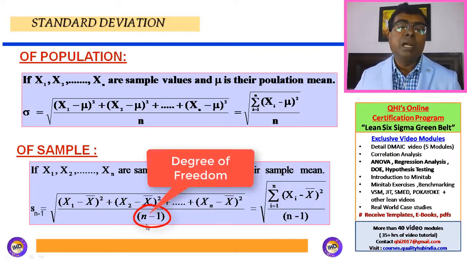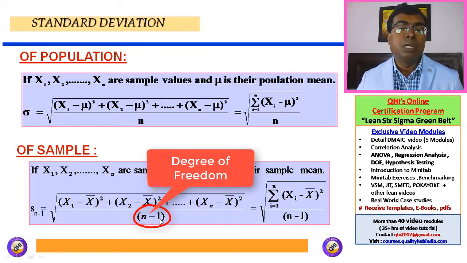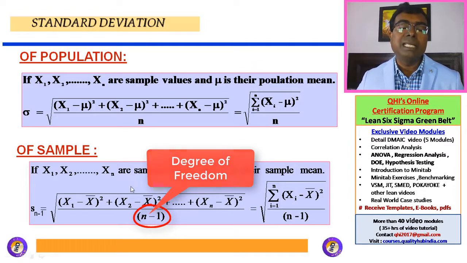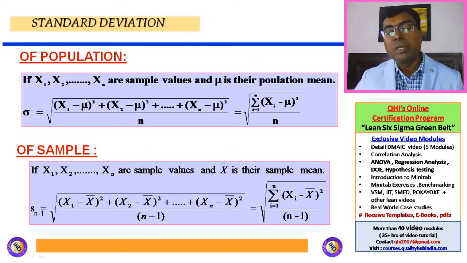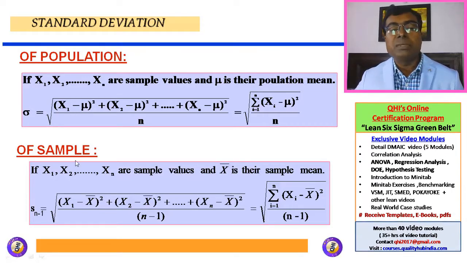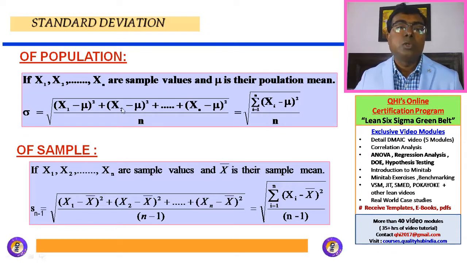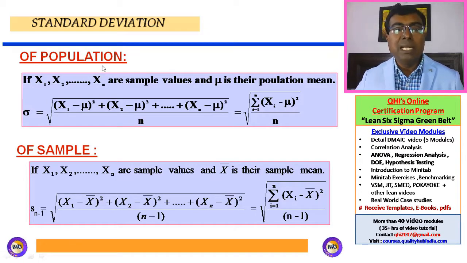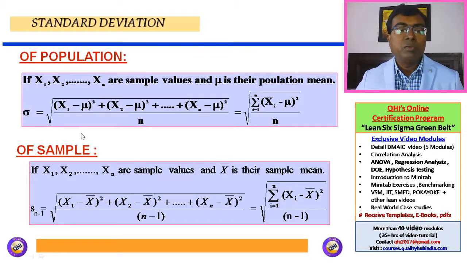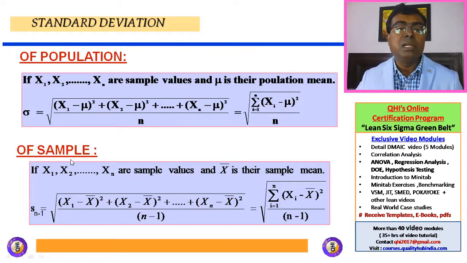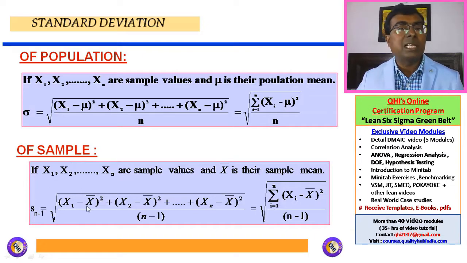That is the sample size subtracted by 1, which is known as degrees of freedom. And the rest of the formula remains the same. Here you can see that the mean or average is denoted by mu, and in the case of sample it is x bar. So the population standard deviation is denoted by sigma and the population mean is denoted by mu, whereas the sample standard deviation is denoted by S and the sample mean is denoted by x bar.